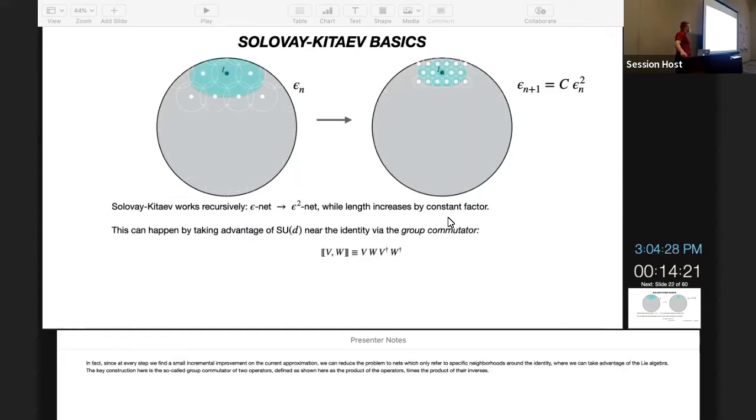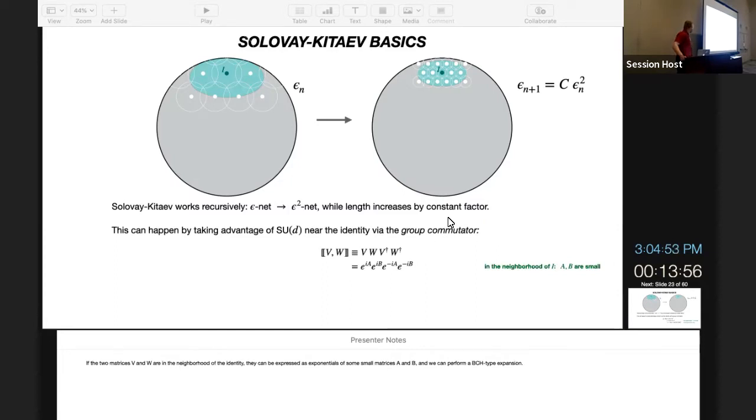Now, without any loss of generality, I can restrict this to a statement about epsilon nets in the vicinity of the identity on the unitary group. There I can take advantage of the Lie algebra. The key construction here is the group commutator. The group commutator of two unitaries V and W is simply defined as V times W times V inverse times W inverse.